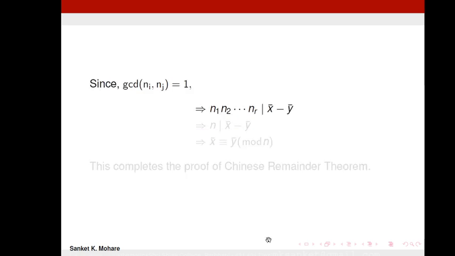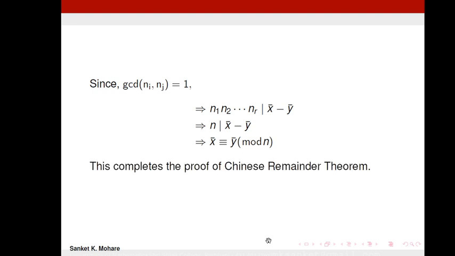So we know the result: if GCD of a, b equals 1 and a divides c, b divides c, then ab should divide c. I repeat, whenever GCD of two integers a, b is 1 and a divides c, also b divides c, then the product of a and b, that is ab, must divide c.